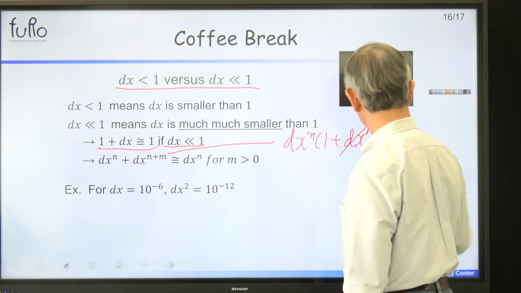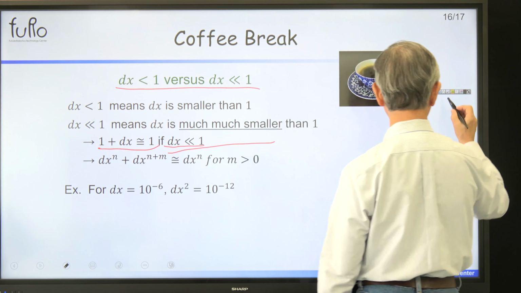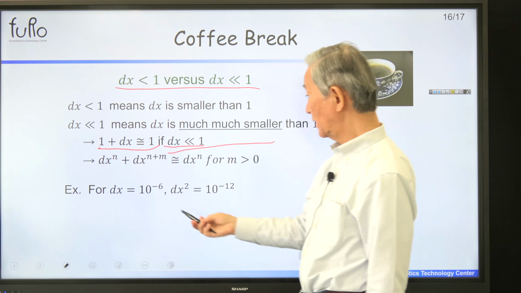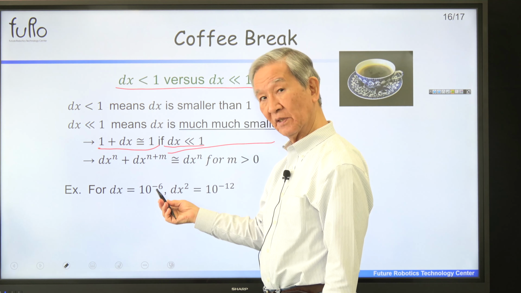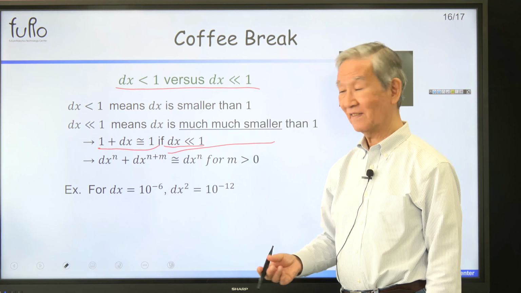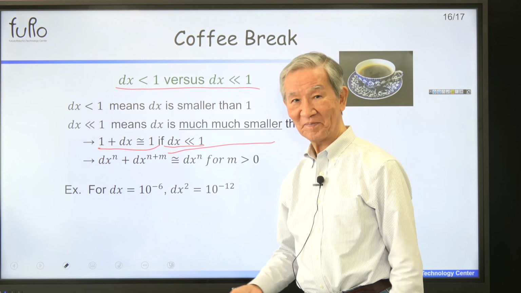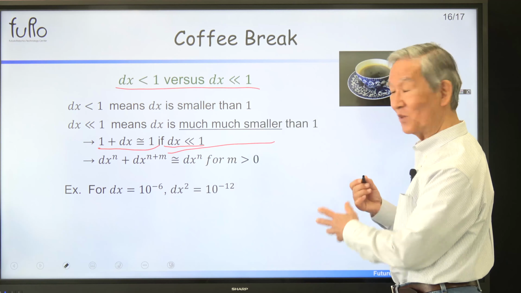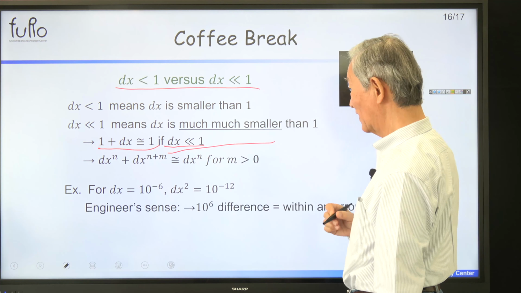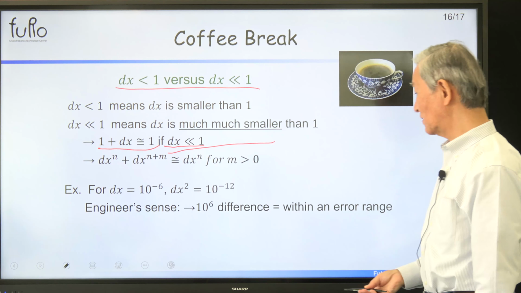And an example. Let's get rid of this one here. dx is equal to 10 to the minus 6 power. dx squared is 10 to the minus 12 power. Can you tell why I'm using those two? I'll show you why. But anyway, the engineering sense is there is a 10 to the 6 difference.